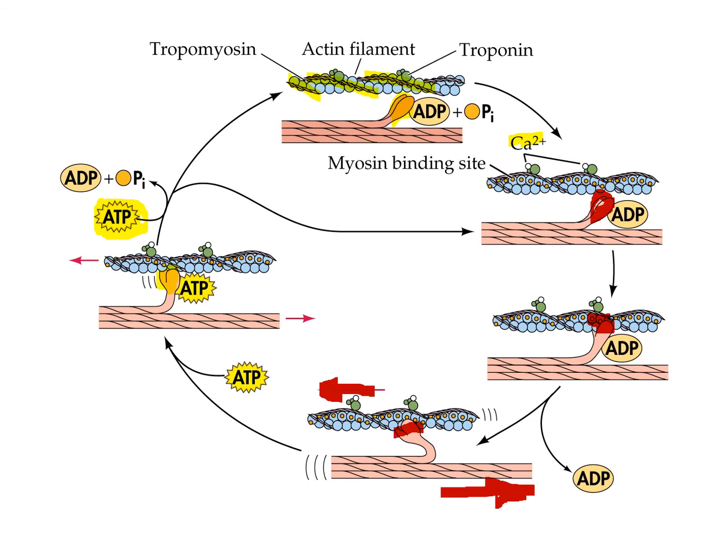Then the next step is that it has to release, and that requires ATP. It releases, and that's shown here. It releases, and then the head of the myosin moves back and is ready to bind again.